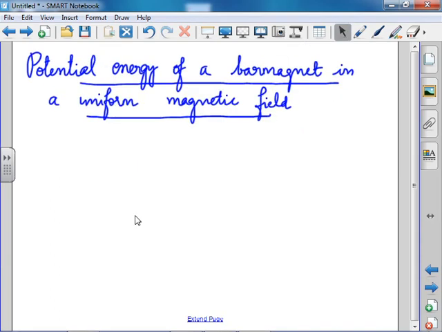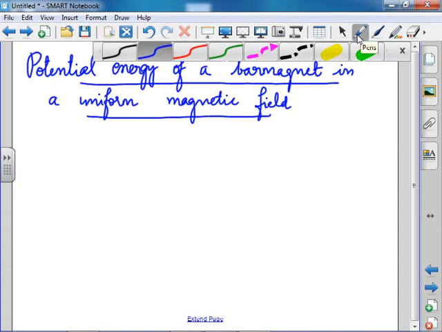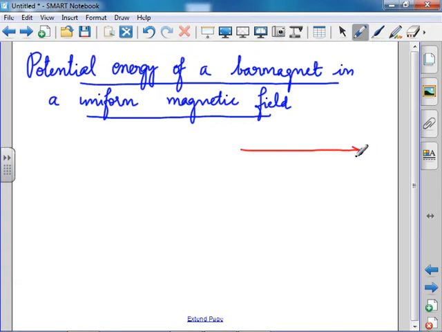Now let us calculate the potential energy of a bar magnet in a uniform magnetic field. So in the previous case what we have studied, we calculated the torque experienced by a bar magnet in a uniform magnetic field. Now we are going to calculate the potential energy.